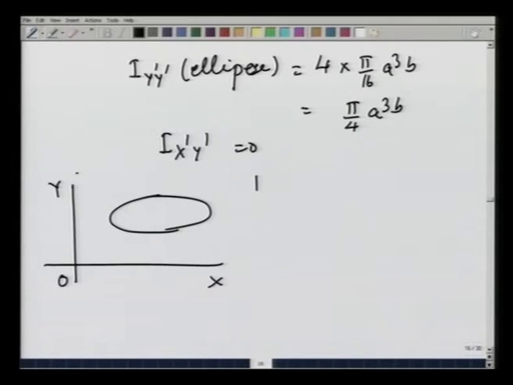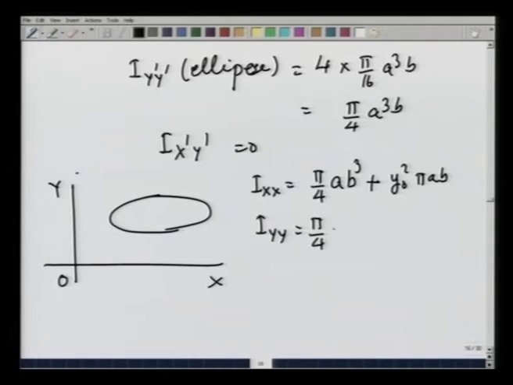Therefore, for this ellipse, we will have I x x as pi by 4 a b cubed, which is the second moment of area about the x prime axis passing through the centroid, plus y 0 square times pi a b, where pi a b is the area of the ellipse. I y y is going to be pi over 4 a cubed b plus x 0 square pi a b, and I x y is going to be 0, which is the I x prime y prime.